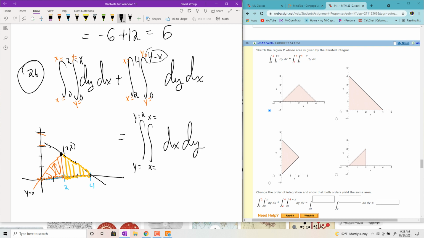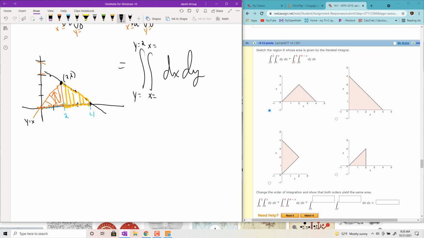Okay, so in the first orientation, you think like you have a person going in this direction. And the other orientation, you think, oh, I have a person going like this, going, what I always say, up the flagpole. Okay, so in this second orientation, the bottom curve, let me put the bottom curve in blue, would be this curve.